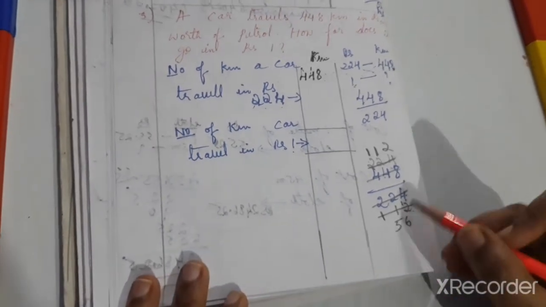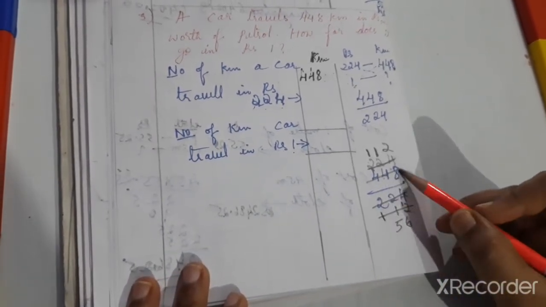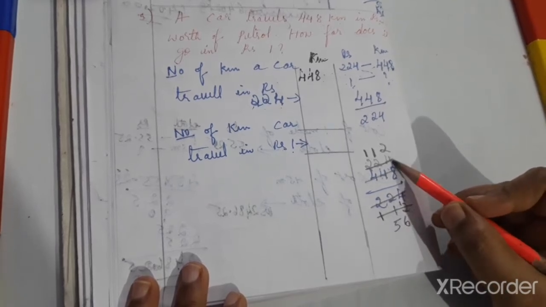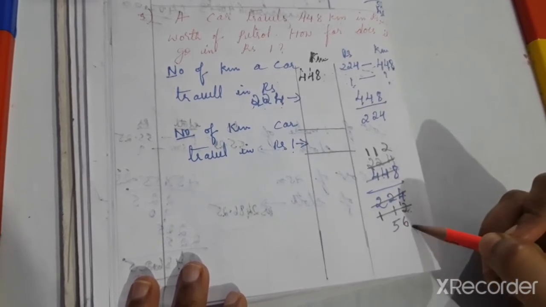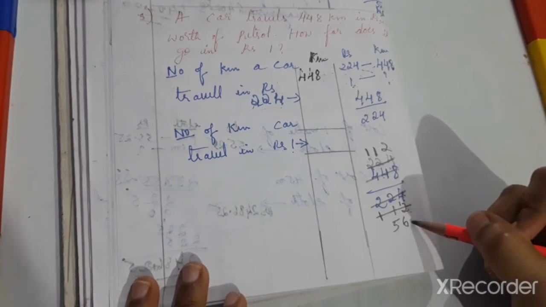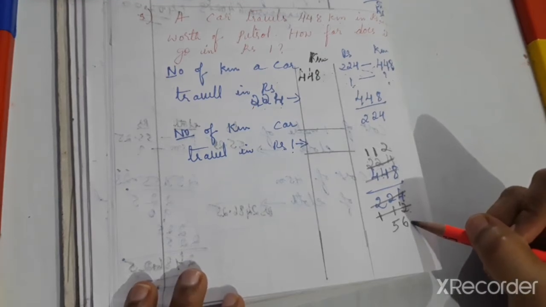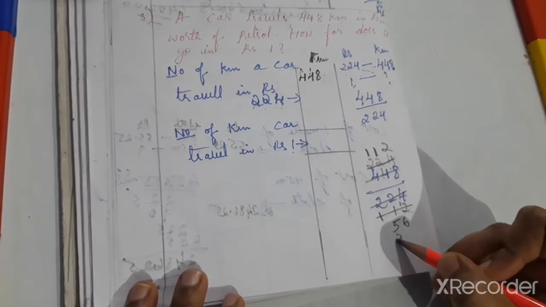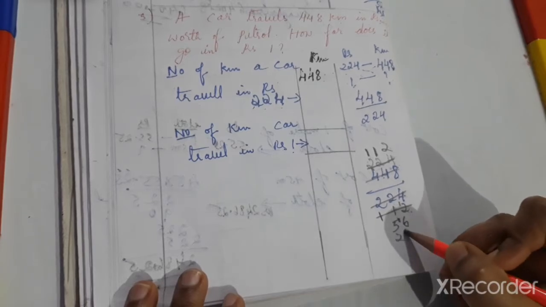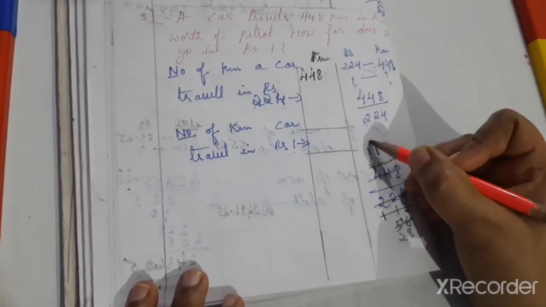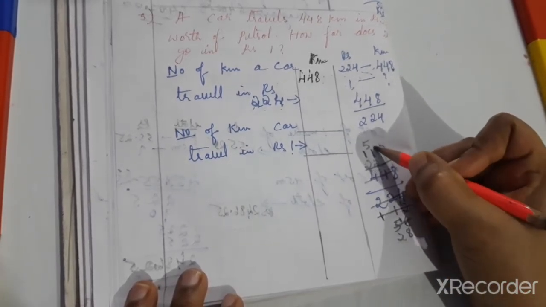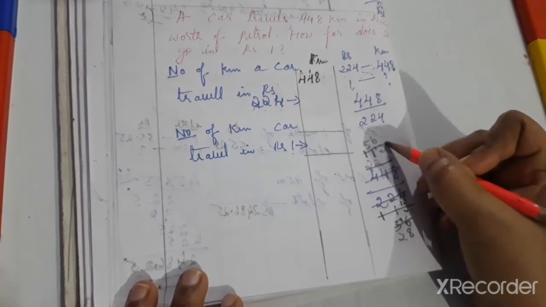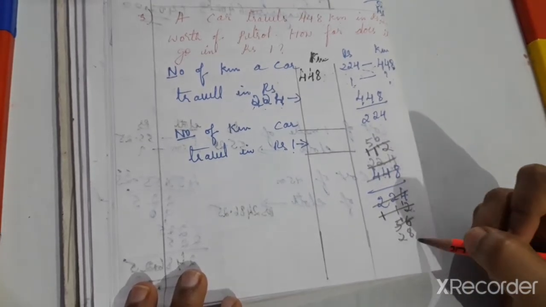This is cancelled, and here also now 2 and 6. Both are even, so both divide with the 2 times table. Giving 56 and 28.